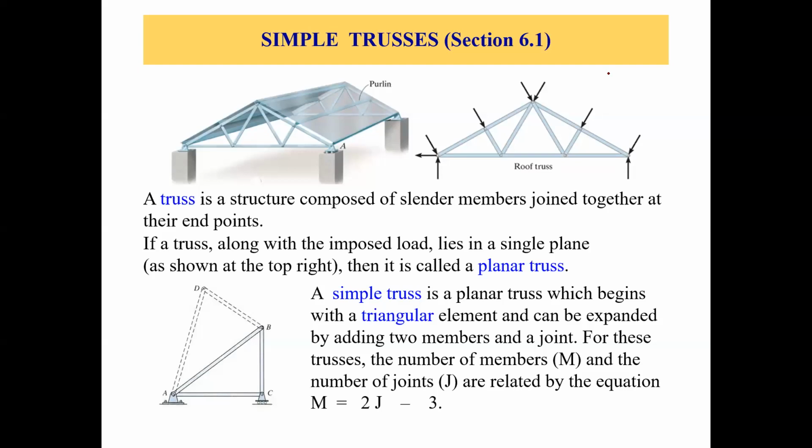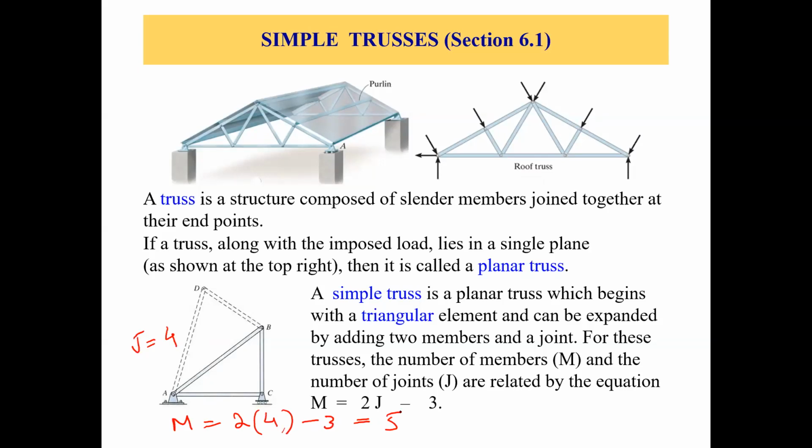Okay, so we were finding out the number of members. The number of members in this case will be M equals 2 times 4, because there are 4 joints, or J equals 4. So 2 times 4 minus 3 is equal to 5.